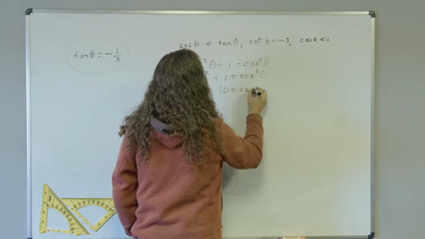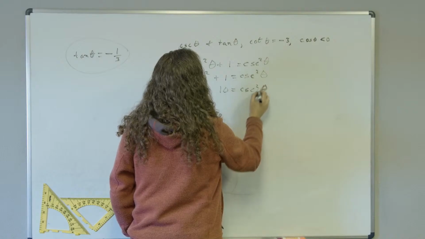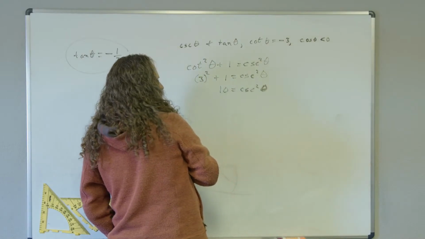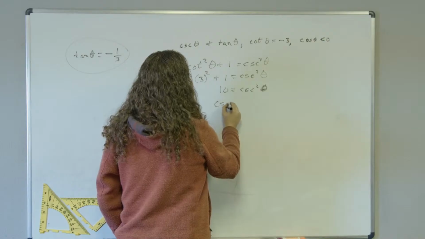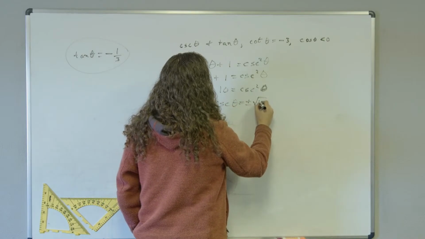Cosecant squared theta equals 10. Take the square root of both sides, and we end up with cosecant of theta equals plus or minus the square root of 10.